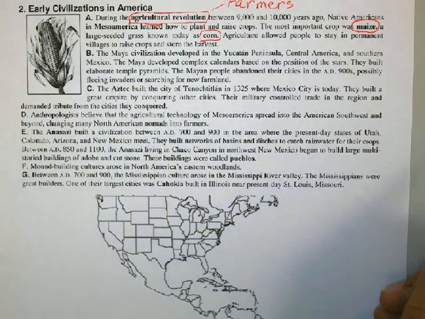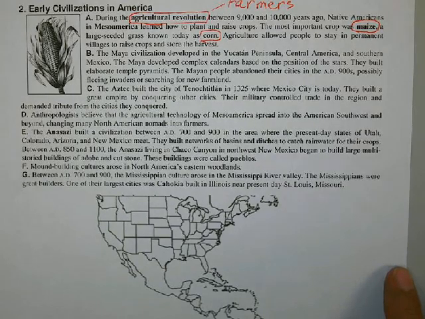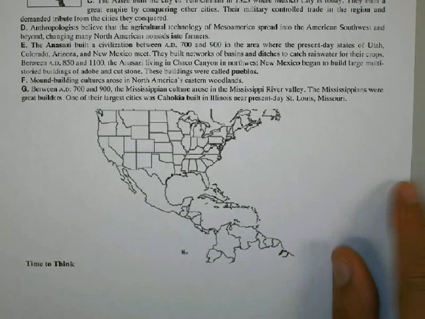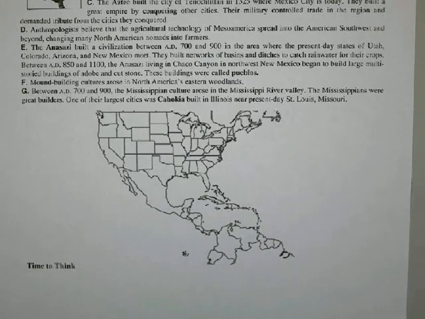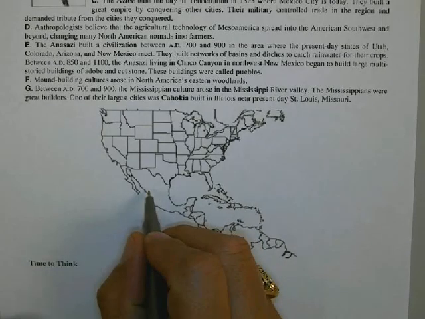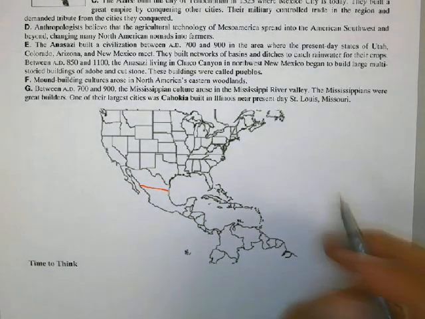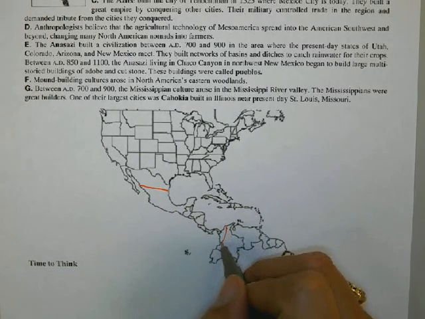Now, let me talk about the different groups that are going to be developing during this time period. All right. First of all, let me start with the map. Your book talks about Mesoamerica, and Mesoamerica is pretty much from this area, Mexico, all the way up to this area right here.